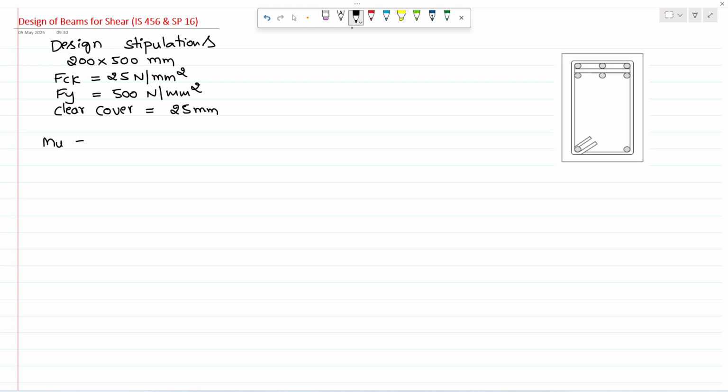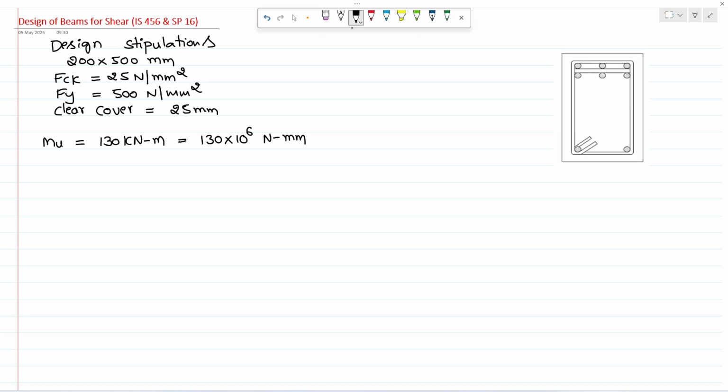So Mu, which is analysis moment from ETABS at ultimate load combinations, will be 130 kilonewton meters. It will be 130 into 10 power 6 Newton millimeter. So this is analysis moment.